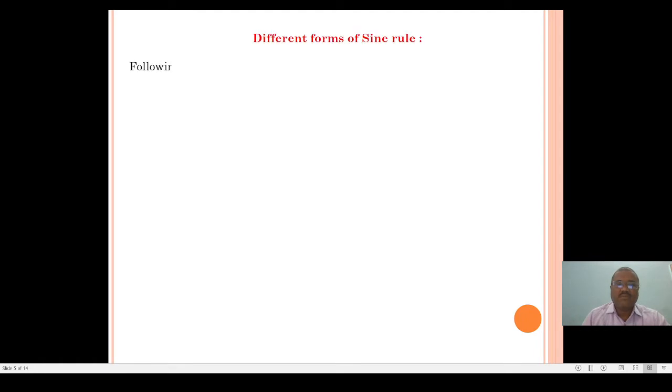But see first different forms of the sine rule. So following are the different forms of the sine rule. In triangle ABC, a upon sin A equals b upon sin B equals c upon sin C equals 2R.